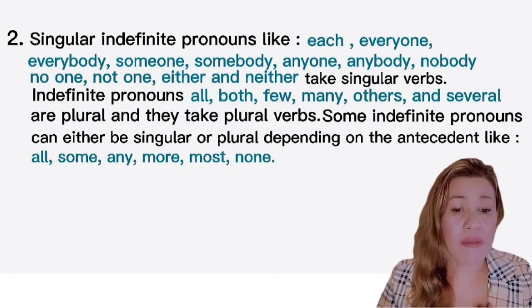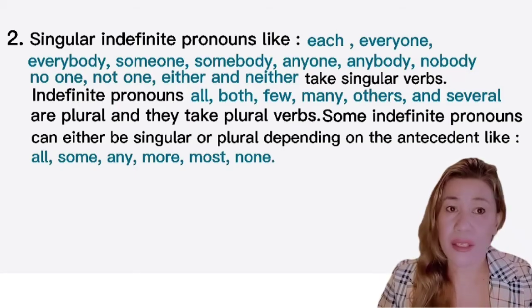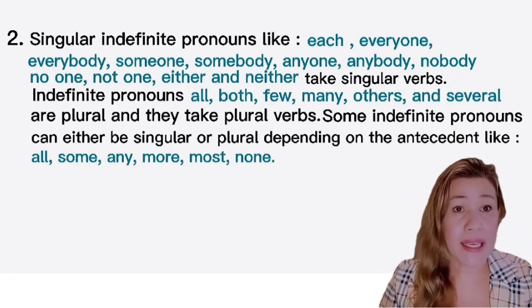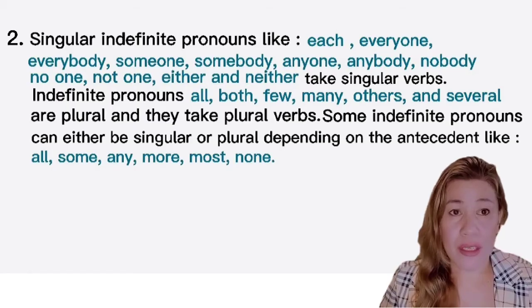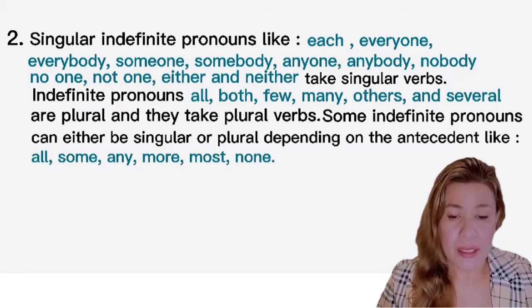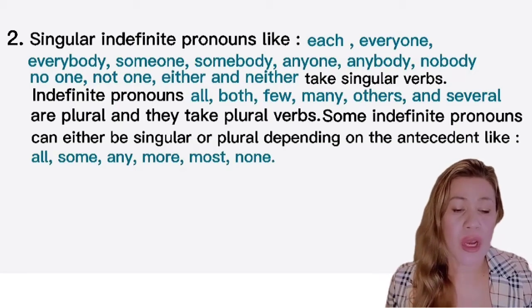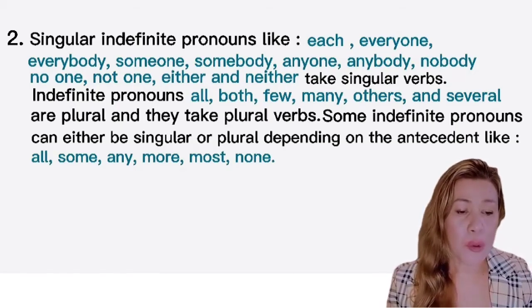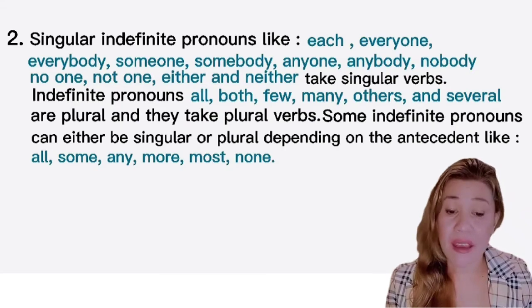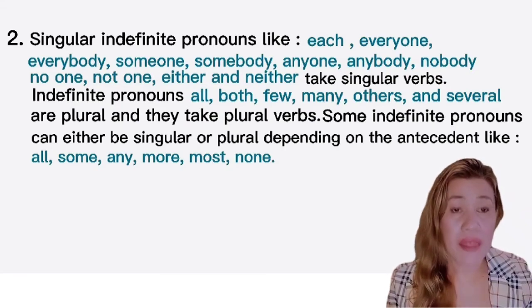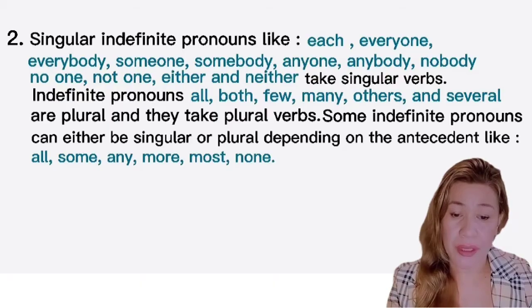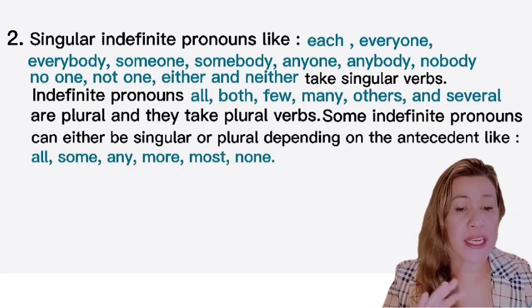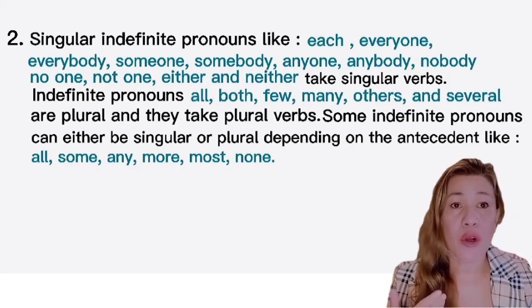So, given that you have an indefinite pronoun as your subject, you will be needing a singular verb. Next, indefinite pronouns all, both, few, many, others, and several are plural, and therefore they take plural verbs. Okay? So, for indefinite pronouns, guys, we also have singular and plural.